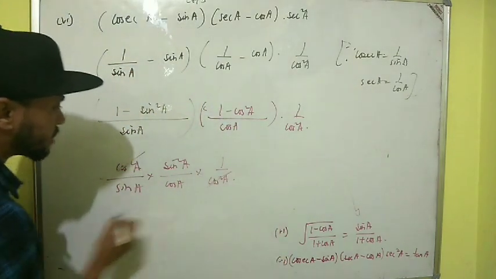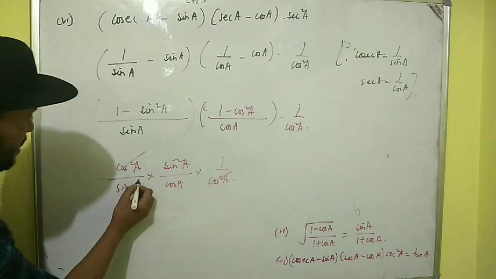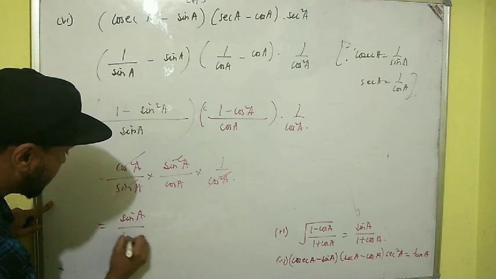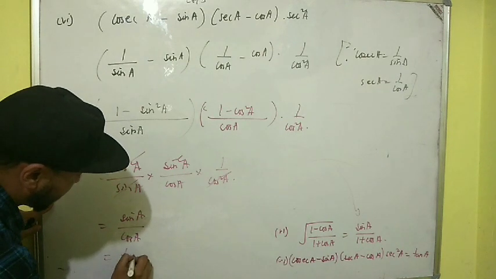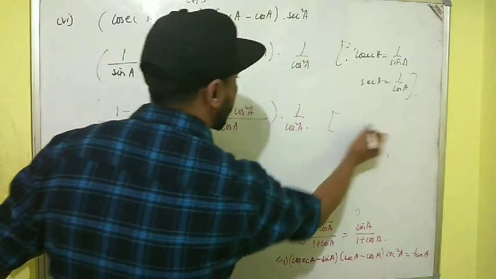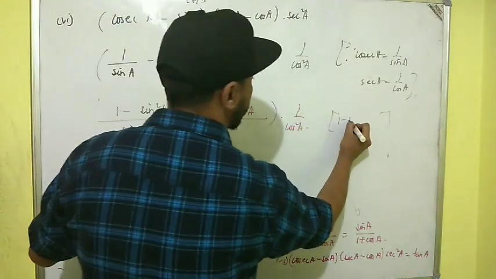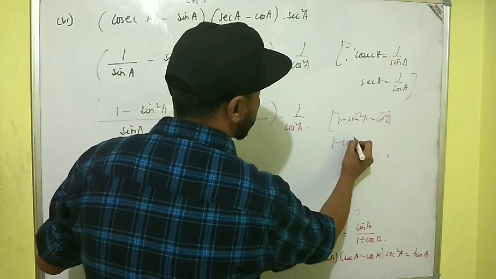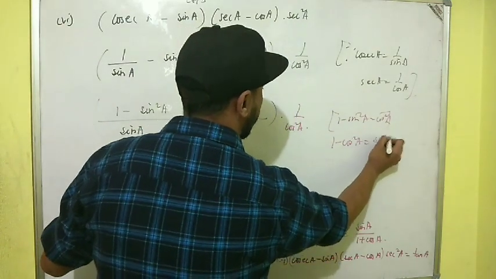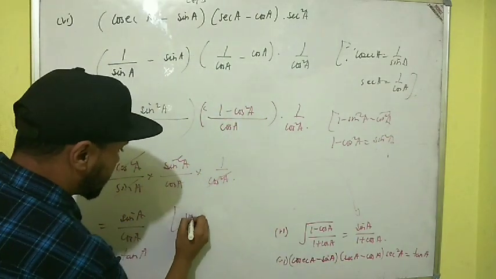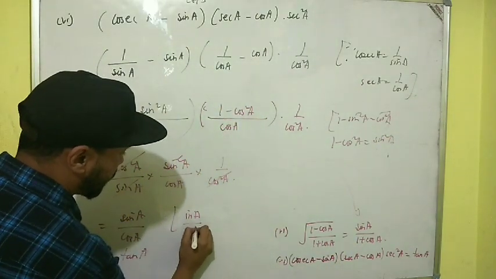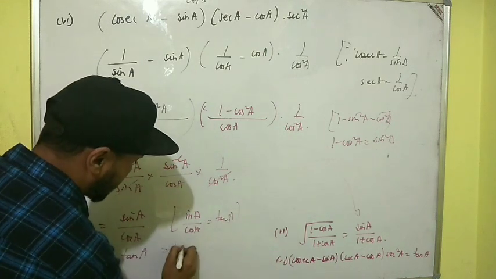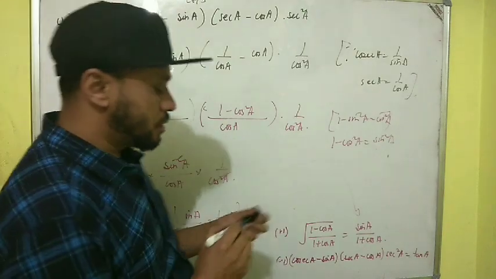So cosec square A will get cancelled, one sine and one sine will get cancelled, so we'll get sine A by cos A, which is your tan A. Don't forget to write the statement here, which formula we use: 1 minus sine square A is your cos square A, and 1 minus cos square A is your sine square A. And here we have used one formula, since sine A by cos A is equal to tan A. So therefore this is your right answer. Therefore LHS equals RHS, hence proved.